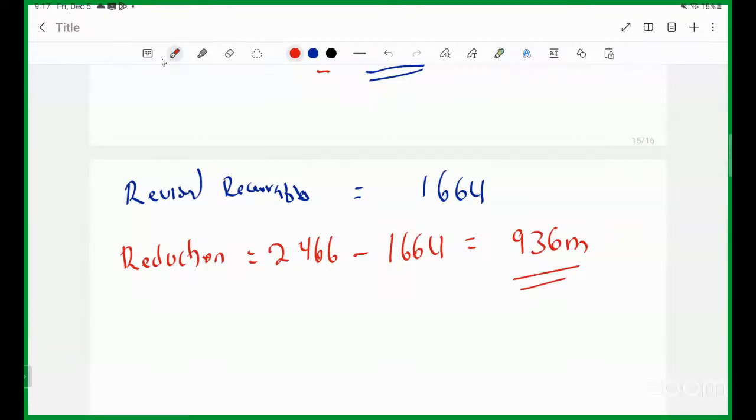But remember, as a result of this policy, if we give these guys extra days, what do you get when you do 2466 minus 1664? 802 million. Yes.